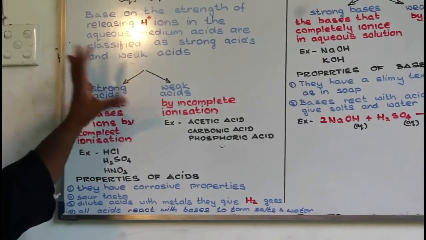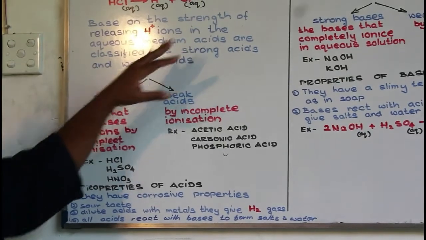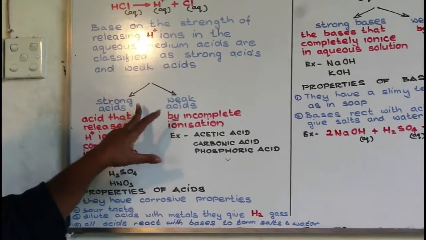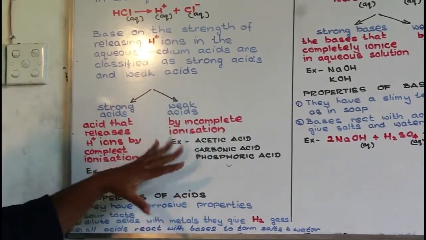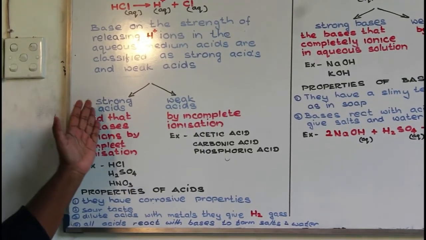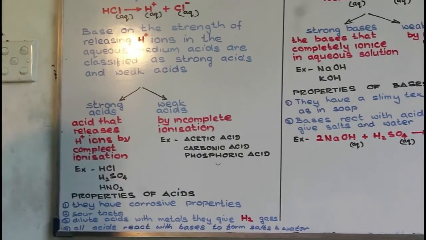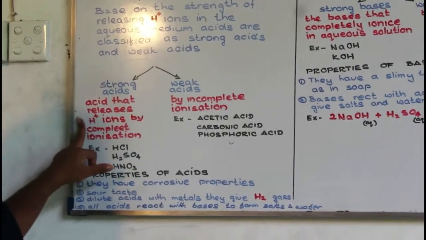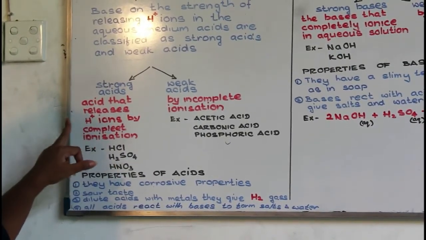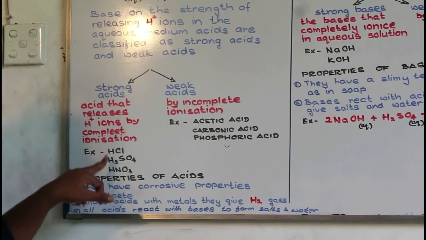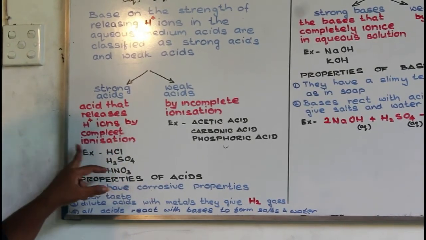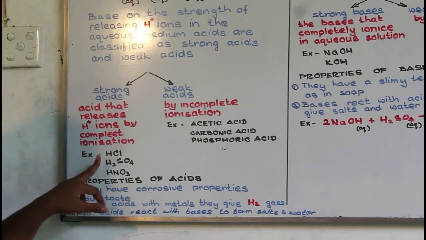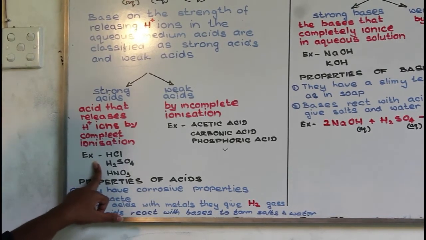Now, when we consider the strength of releasing H+ ions, acids divide into 2 categories, and you learned about that: strong acids and weak acids, right? What do you mean by a strong acid? An acid that releases H+ ions completely, which we call complete ionization, is a strong acid.